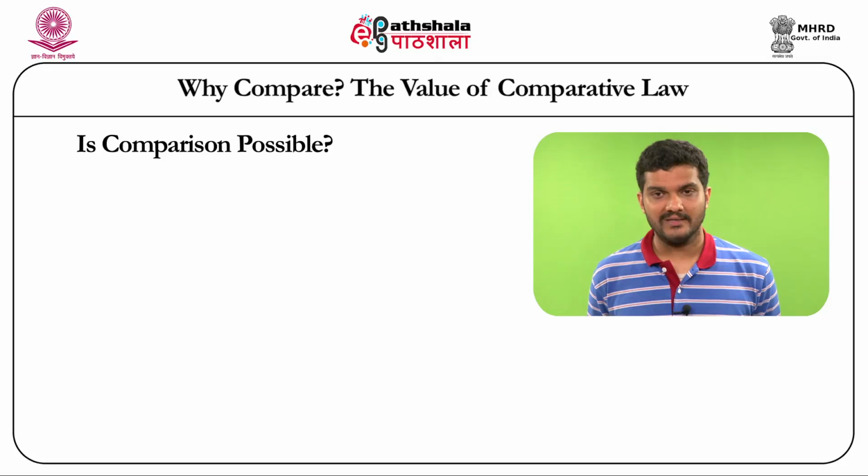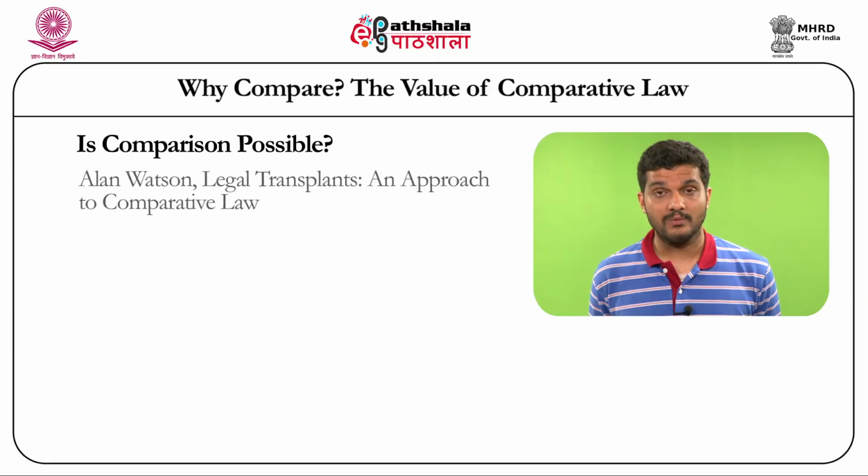The question of whether any meaningful comparison and assimilation of constitutional ideas is possible lies at the core of a debate in the second half of the 20th century between Alan Watson and Pierre Legrand, which turns on appreciating the place of law within broader social structures. In his famous work titled Legal Transplants: An Approach to Comparative Law, Watson examines the migration of Roman civil law across several European legal systems.